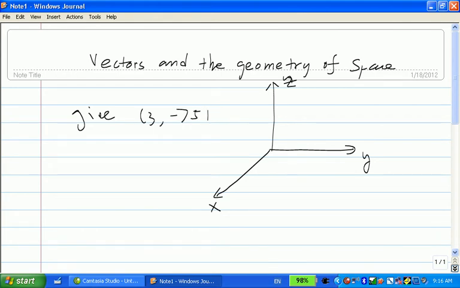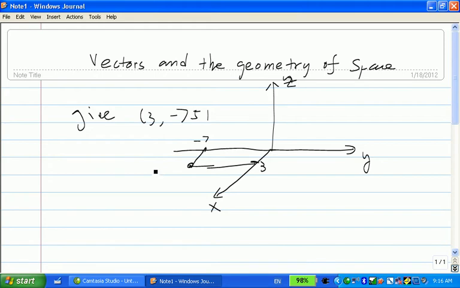What point is that? 3 means you have 3 on the x-axis, and -7 is for the y. Say here is -7. So first of all, you can get a point like this.